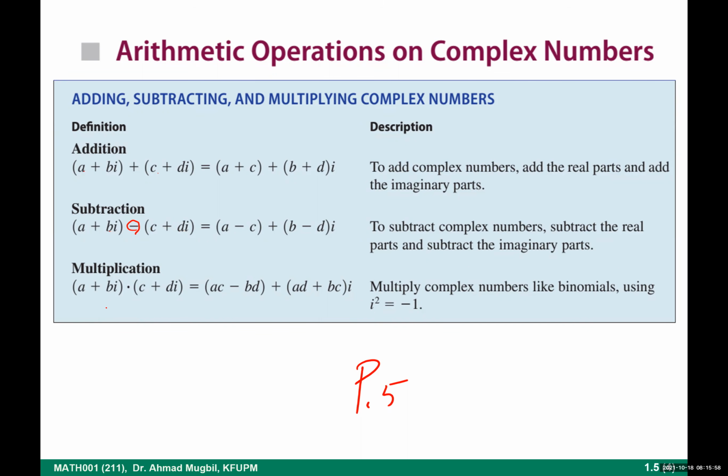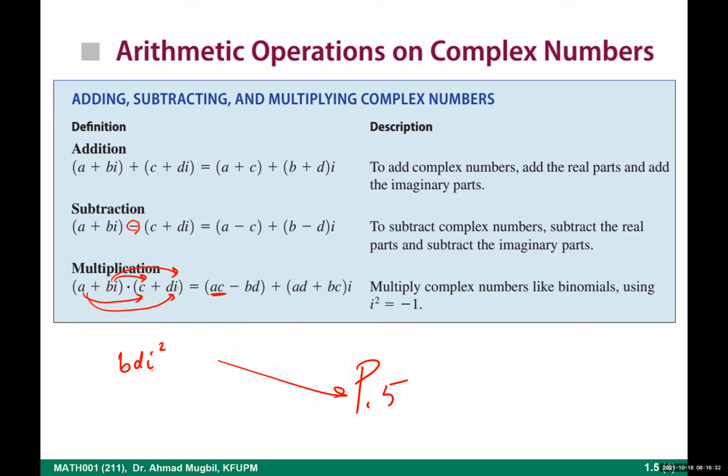Now, what I want to mention more is the multiplication. When you multiply two complex numbers, again, you will apply FOIL. Do you remember the FOIL that we studied also in 1.5? It will be a multiplied by c, then by di, then bi by c, and so on. When you simplify, what will you get? a times c is ac. When you multiply bi by di, you get bd i squared.